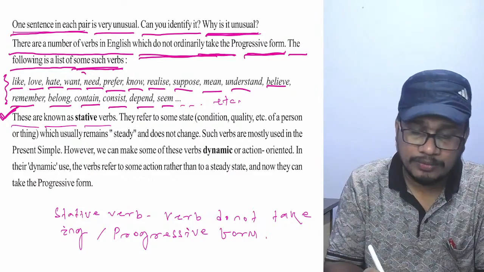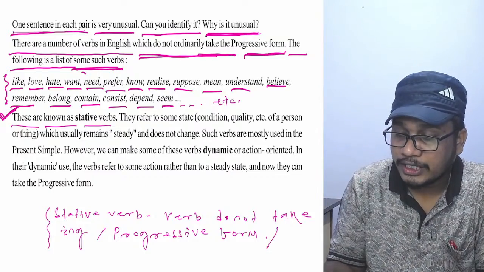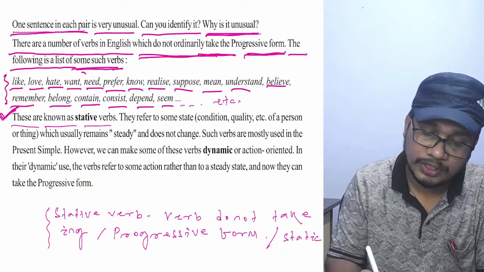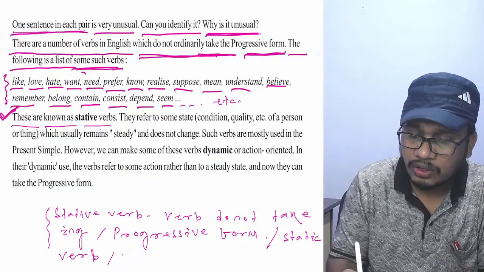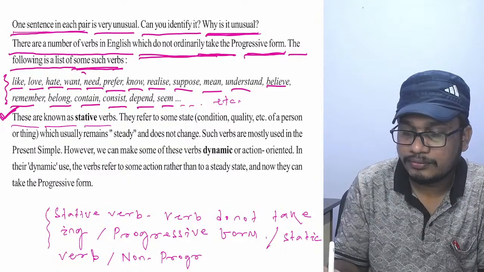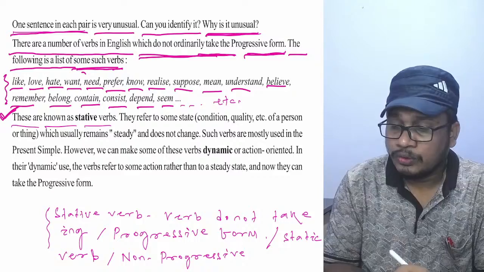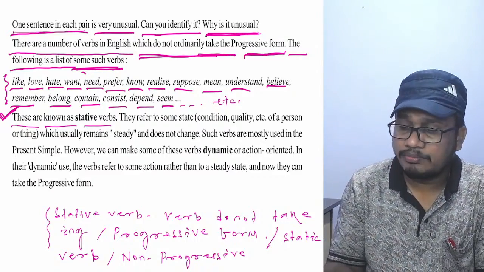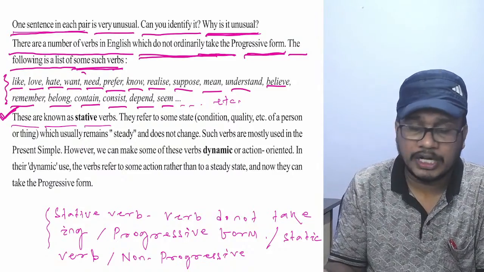It is also known as a static verb, and also as a non-progressive verb. So we can name these verbs with three names: non-progressive verb, stative verb, and static verb.